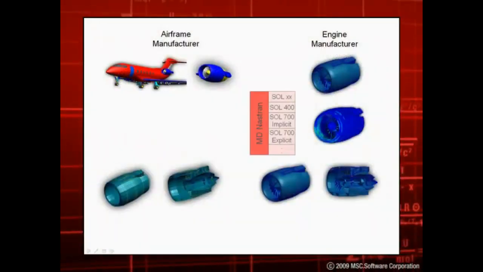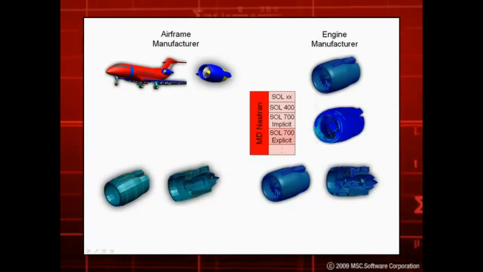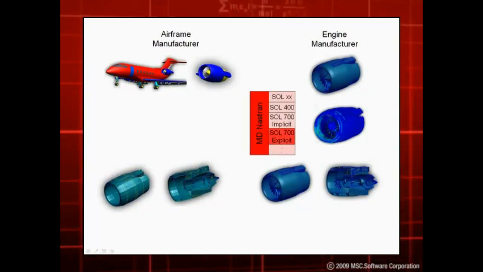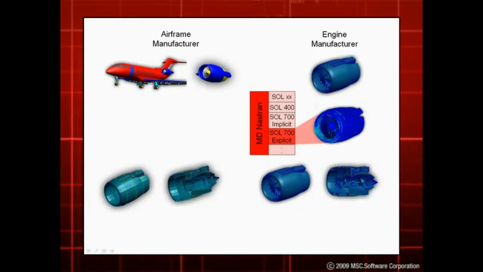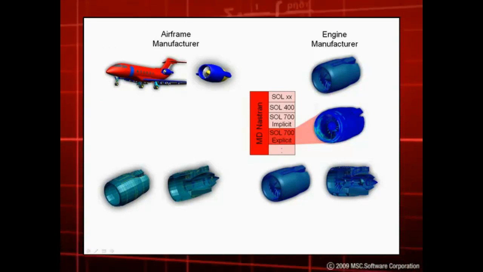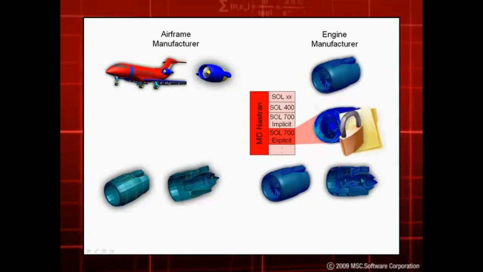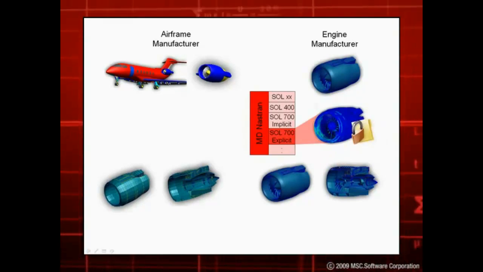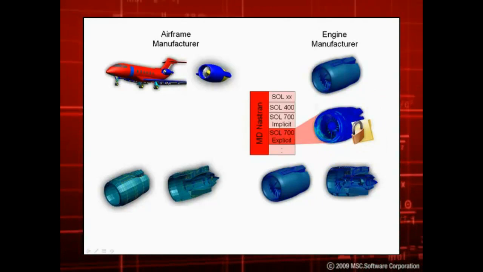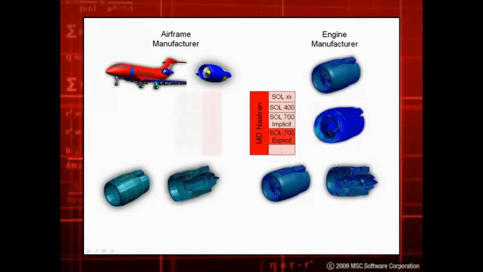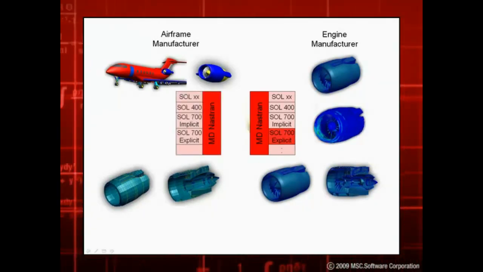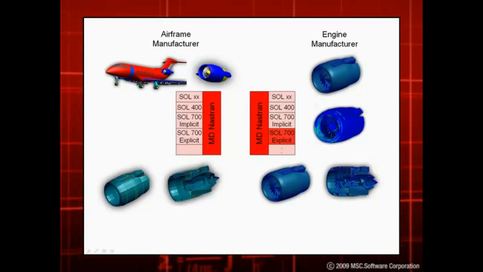This methodology allows the engine manufacturers to use MSC Nastran Solution 700 explicit solver to save the realistic loads, which could be in millions, in a Nastran database, maintaining the necessary fidelity without exposing the confidential model information and IP copyrights. Those loads are then passed on to the airframe companies in Nastran database format.